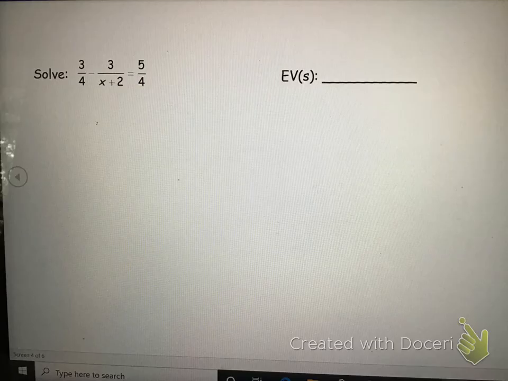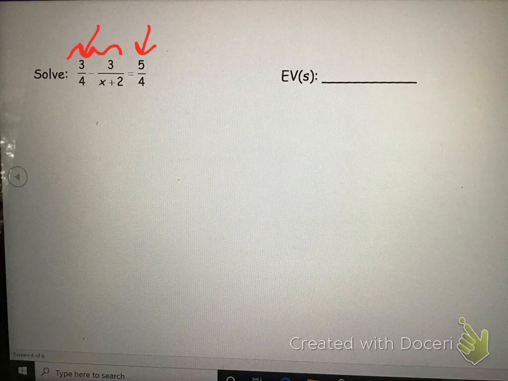Okay? So the second one, I have the same option that I did in the first one, but what you might notice that's slightly different in this equation is that even though there are two fractions on the left side that don't have a common denominator, there are two fractions in the equation that already have a common denominator, and nobody says that you can't move things from side to side.